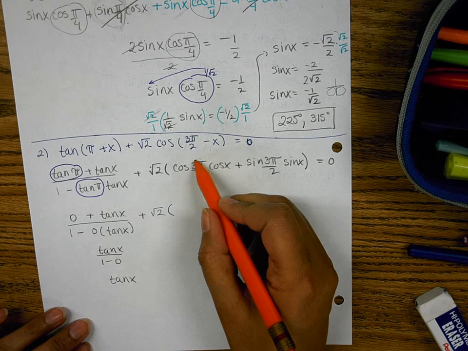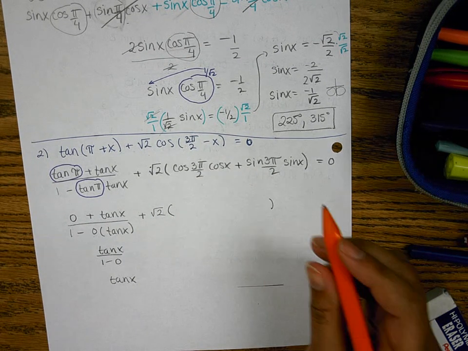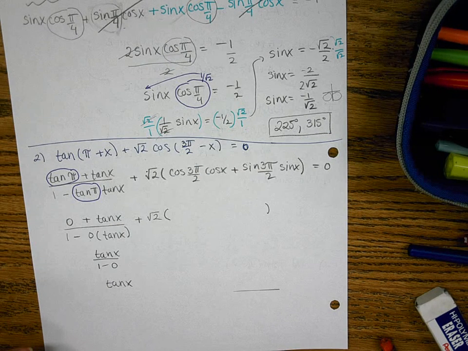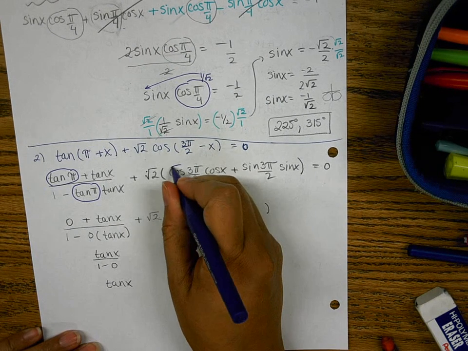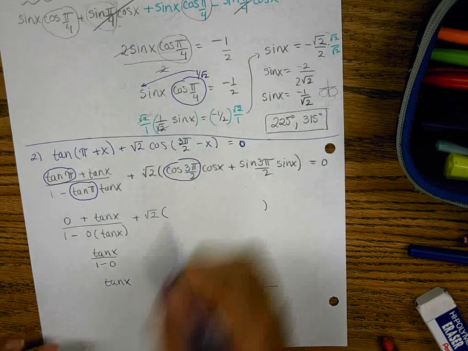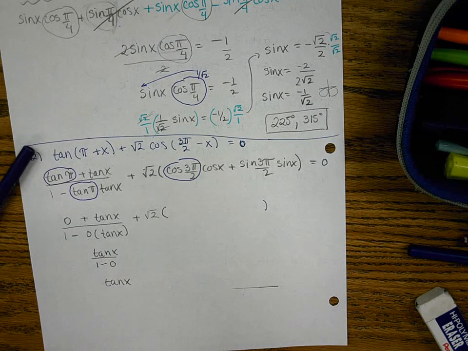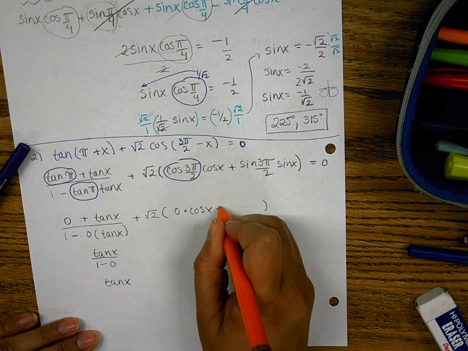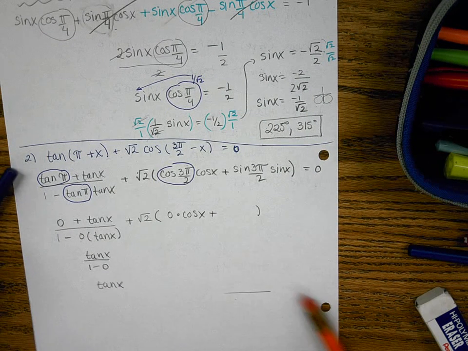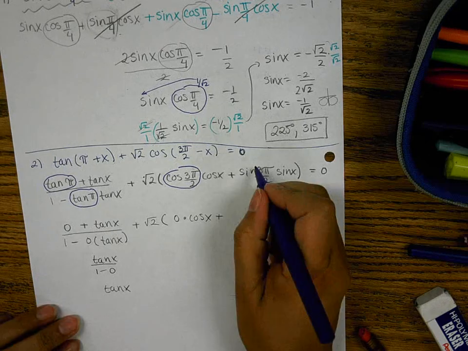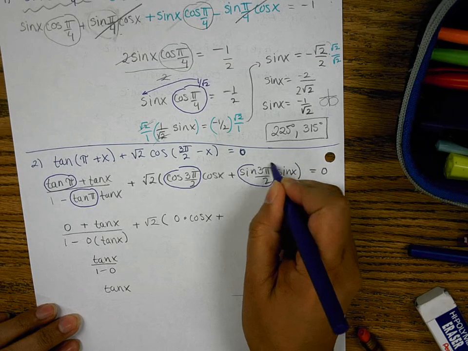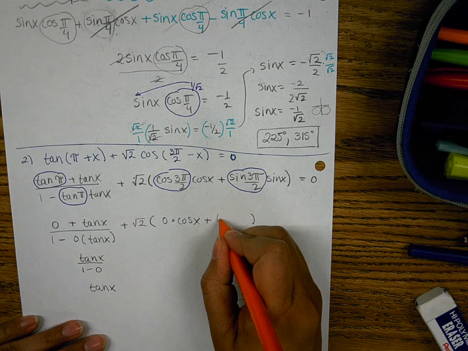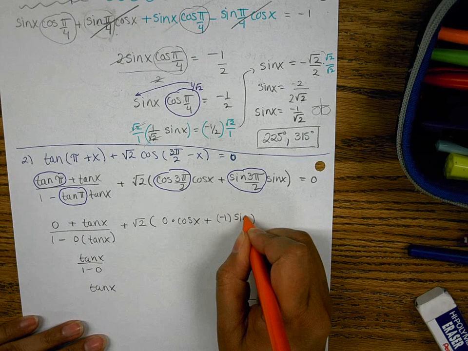Cosine of 3 pi over 2 is a quadrantal. Cosine of 3 pi over 2 is 0. So I have 0 times cosine x plus sine of 3 pi over 2, another quadrantal, which is -1. So I have plus -1 times sine of x.